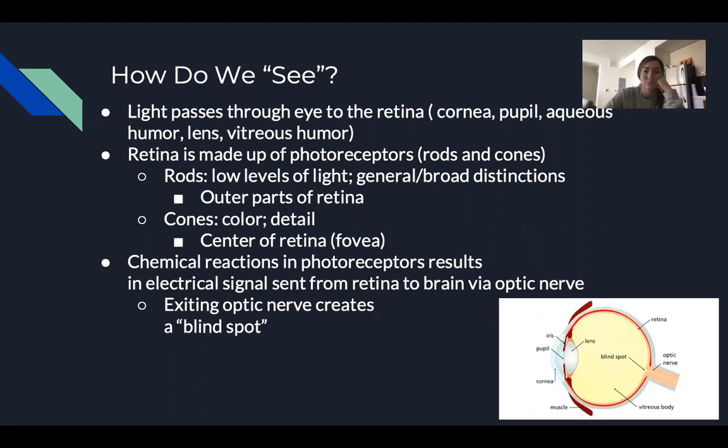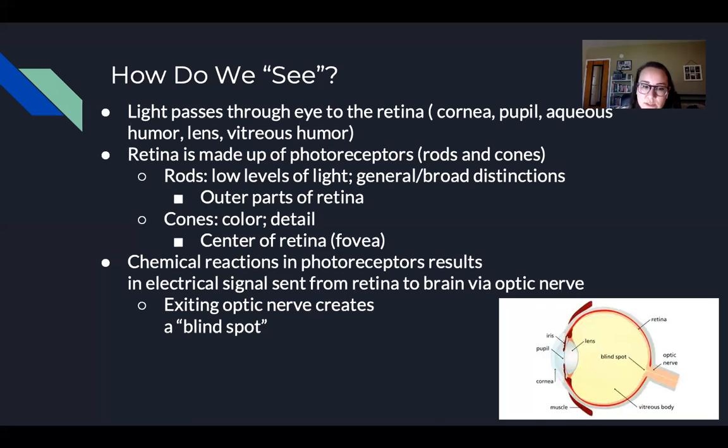And so when the light finally reaches the retina, it triggers a chemical reaction in these rods and cones. And then this is converted into an electrical signal. So again, going back to our general understanding of neurons, we have this electrochemical communication system going on here.